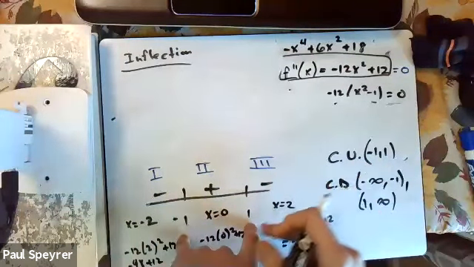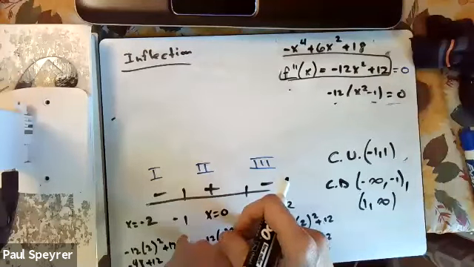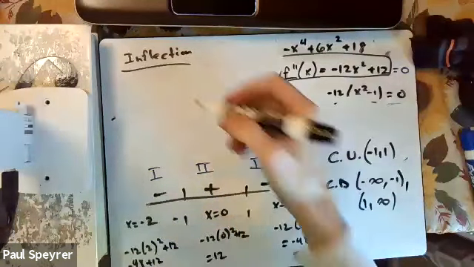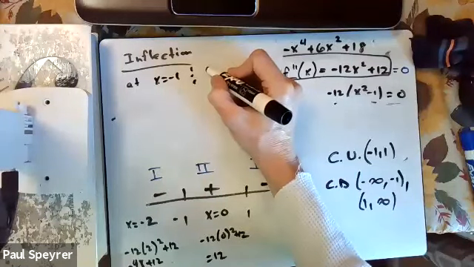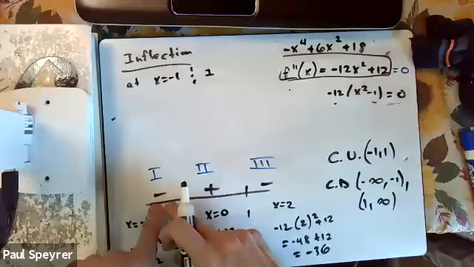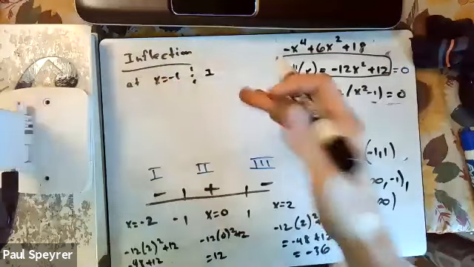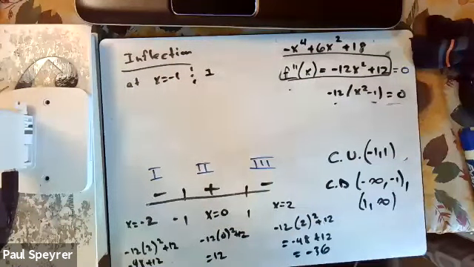These are inflection points right here, at x equals negative 1 and 1. So we need to figure out what those respective y values are going to be.